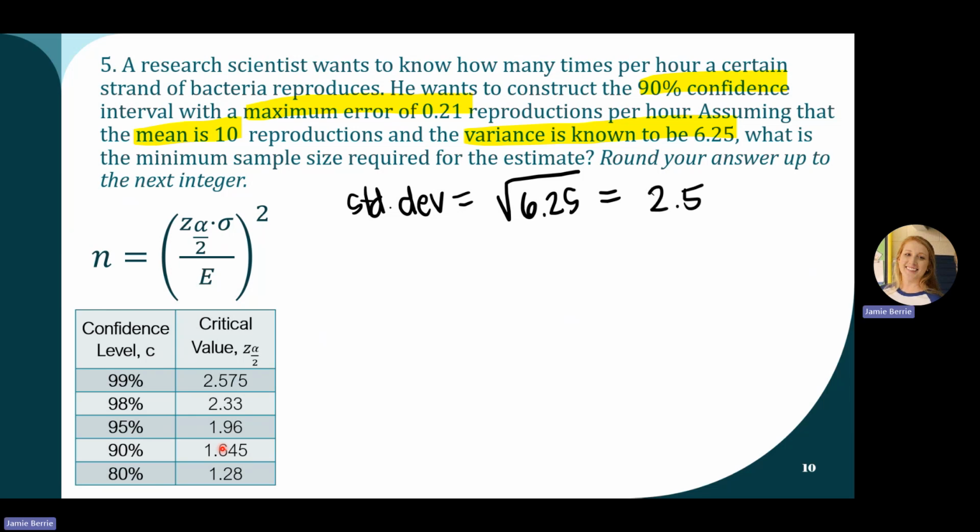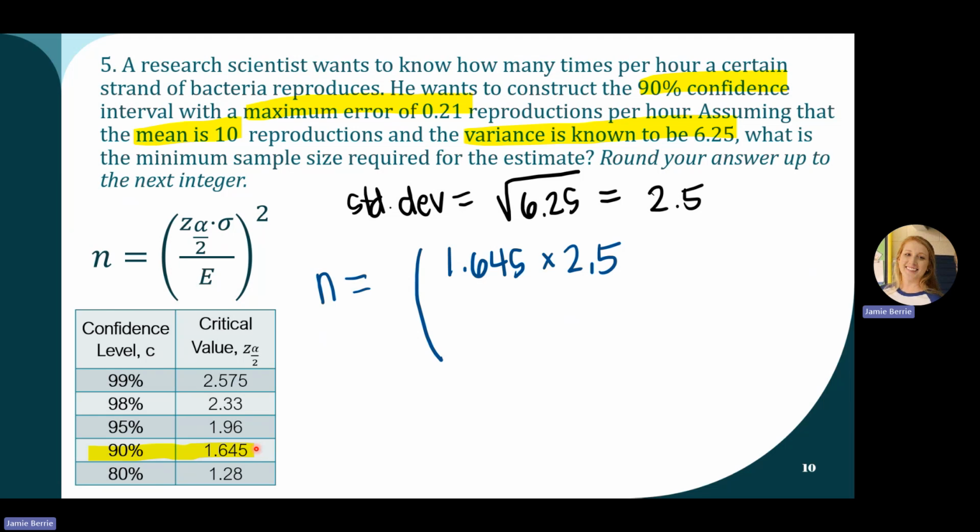If you want to verify that, you can pause the video and check it on your calculator. Right now, I'm just plugging everything into my formula. Sample size equals, big parentheses, critical value times standard deviation.